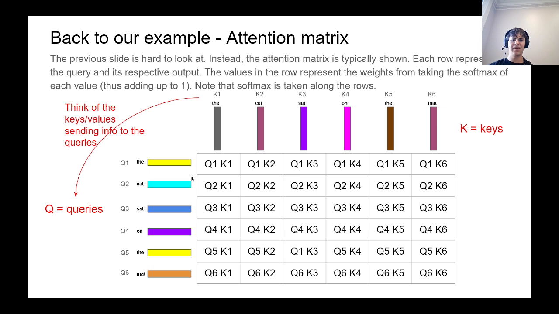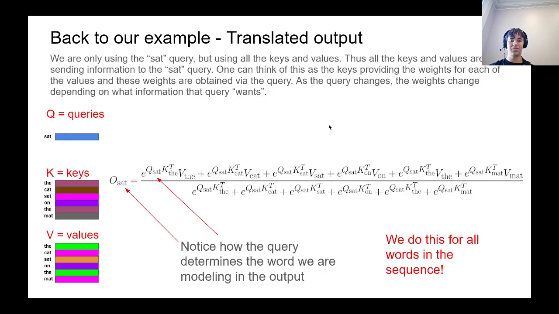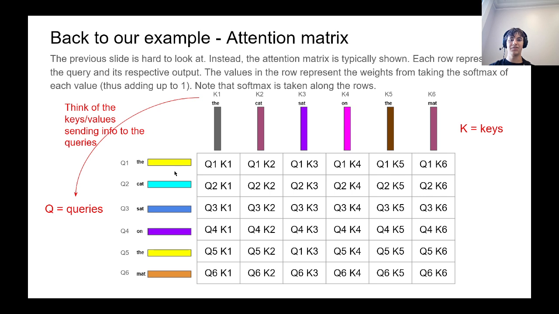So we can represent this in an attention matrix. So that's what you can see here. What this attention matrix represents is the inner product of your queries and your keys. So what we had before is we had just this row here, q_sat or q3 multiplied with all the keys.